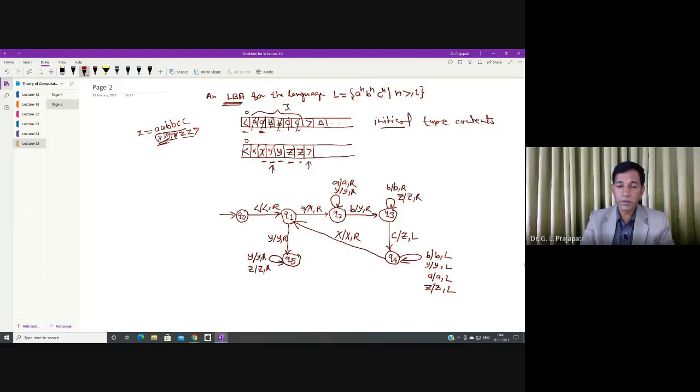Once you reach the right angular bracket immediately after the uppercase z, this means you don't have extra c's here. So this is the situation of acceptance.